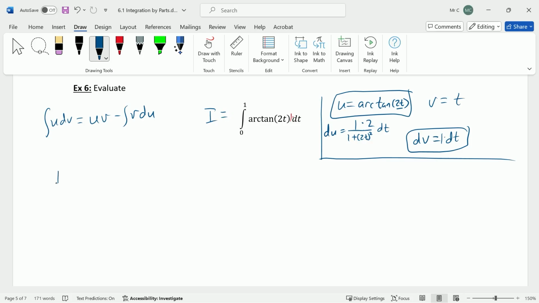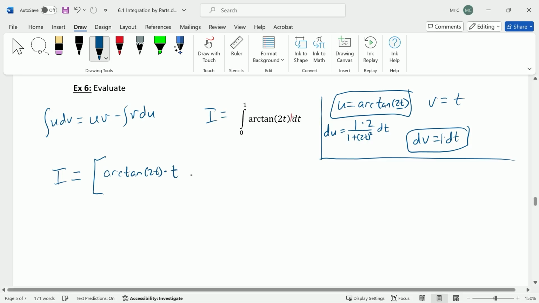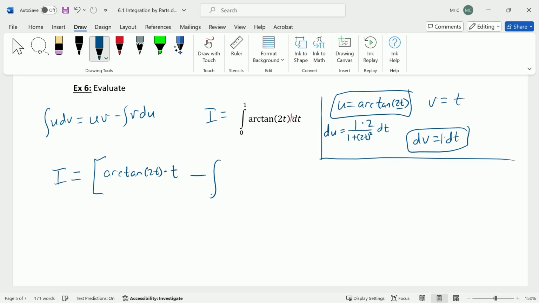Okay, so now my integral I is, all right, we apply integration by parts, uv, arctan of 2t times t minus the integral of v du.